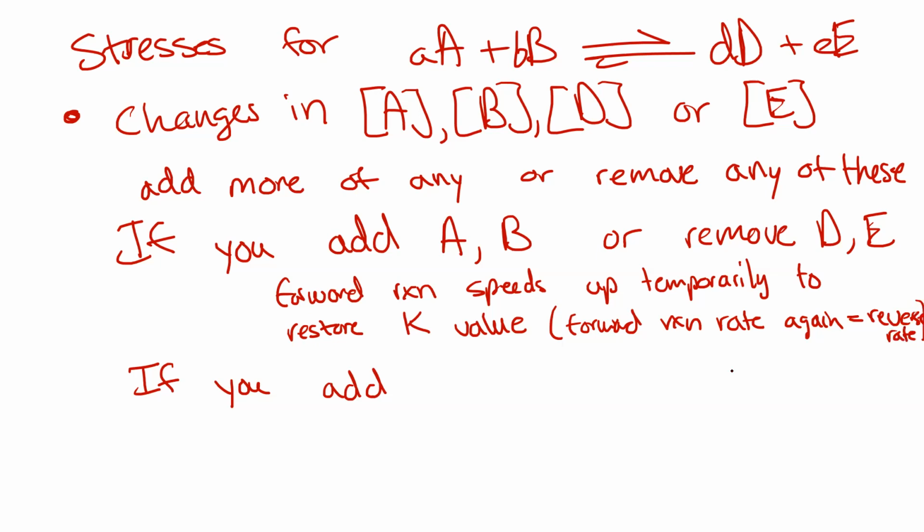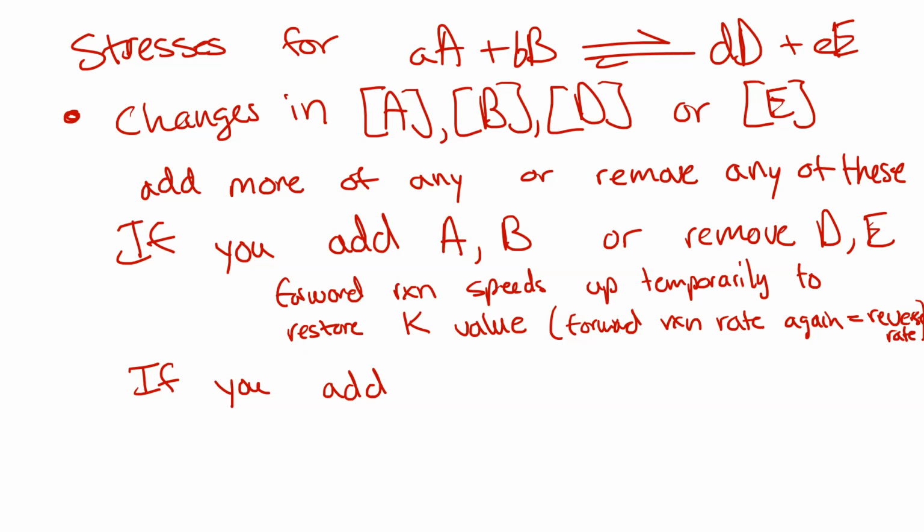And something to keep in mind is when you reach equilibrium, the rates are then again equal. At equilibrium, remember, the equilibrium means the forward reaction rate is equal to the reverse reaction rate. That's what equilibrium means. Okay? They temporarily are no longer equal when you either remove A or B, remove D or E, or add A and B. When you change the concentration of one of the things in the reaction, it's going to shift, speed up in one of those directions, okay?